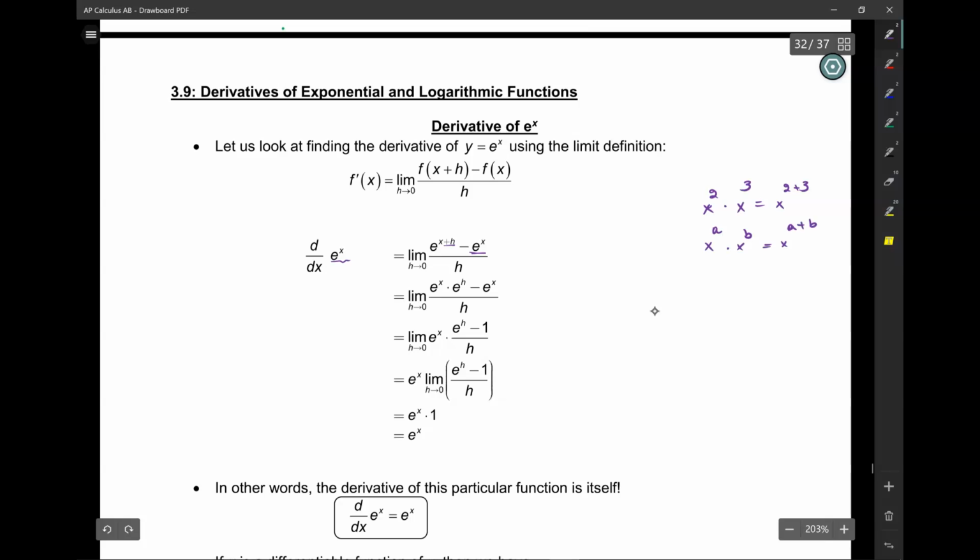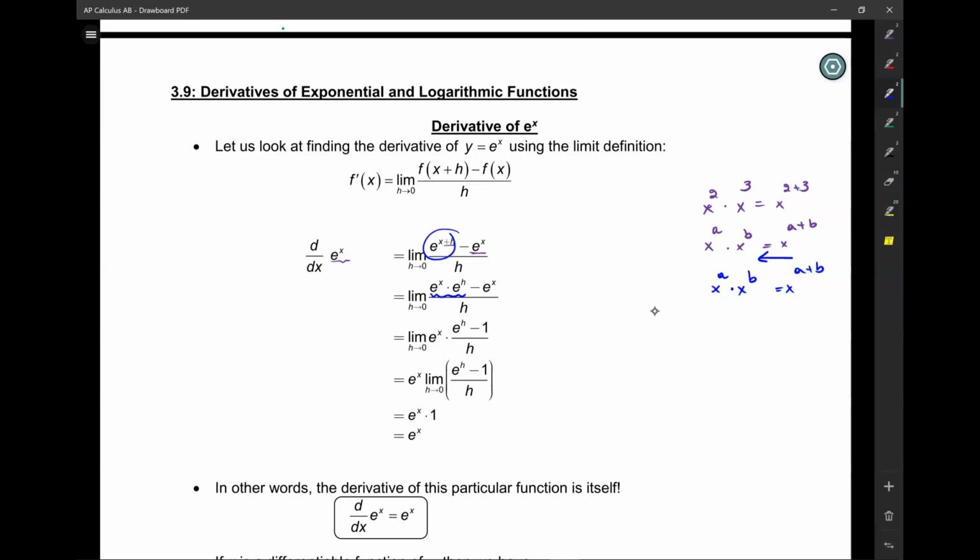But now, if I wanted to go backwards, if I had x to the a plus b, I could unravel it and write it as x to the a times x to the b. That's what we're going to do here. e to the x plus h, I can unravel it and say e to the x times e to the h. So now we just went backwards.